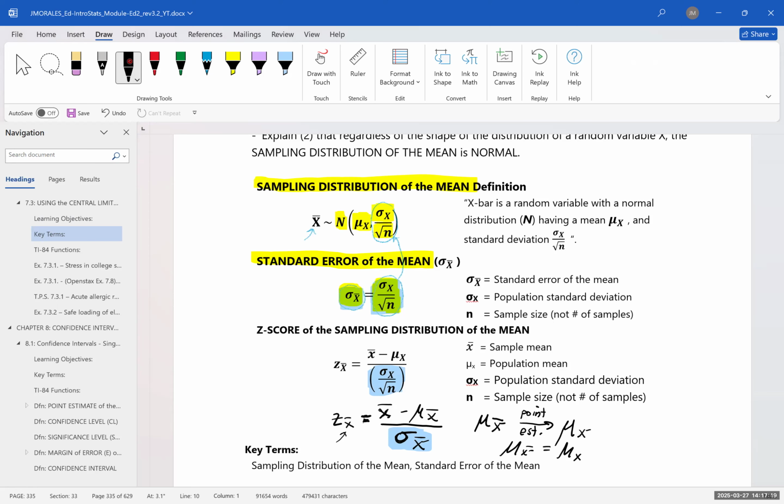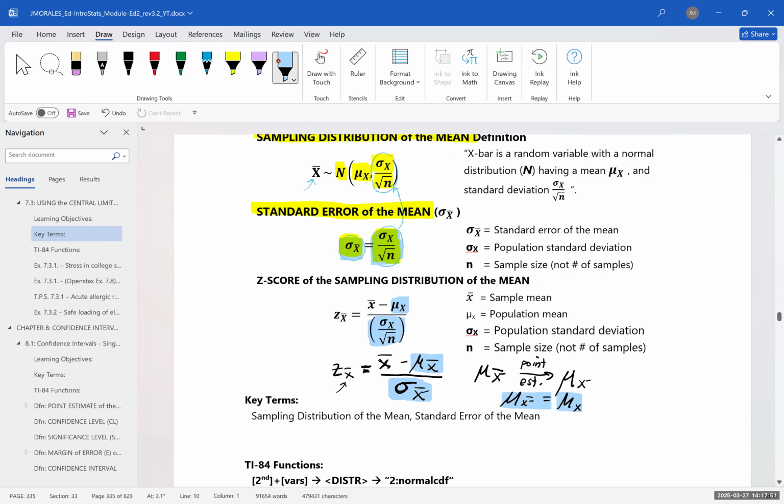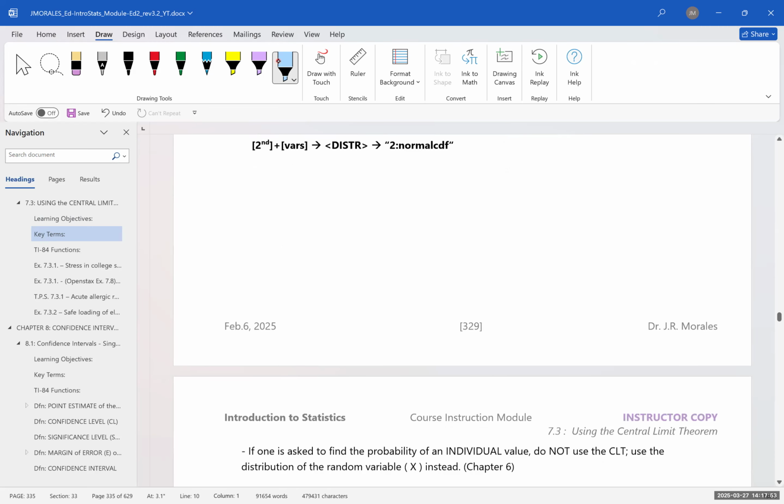So if we take this value here and we substitute for it the population mean, then we get this value here in the numerator. Okay. So the relationship with a z-score is still the same. It's just that you can change some of the variables in the z-score equation to relate to different distributions. Okay. So again, we're going to be looking at some other examples using this.